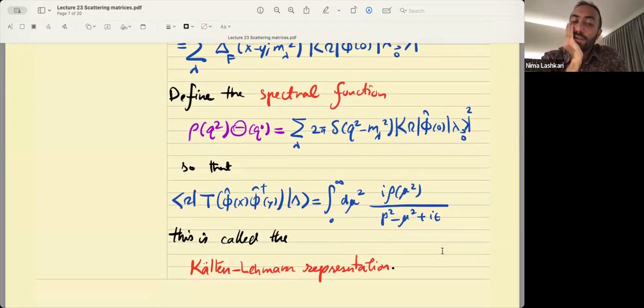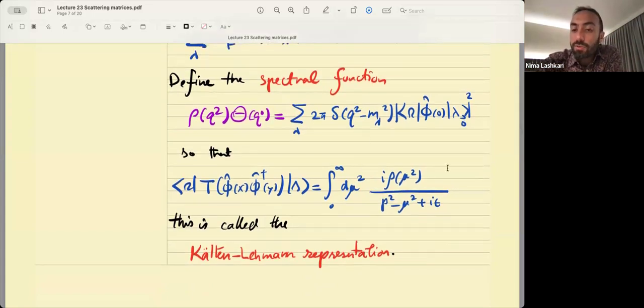Okay, so what is this Källén-Lehmann representation? Let's just try to get some intuition from the right-hand side. If this were a free theory with mass m squared, what would be the spectral density? What would the spectral function be? The spectral function will be the Dirac delta function of mu squared minus m squared, right?